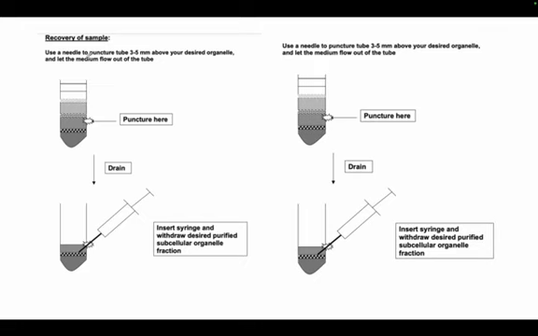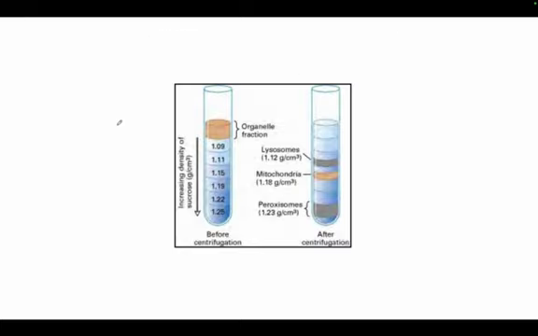So use a needle to puncture the tube 3 to 5 mm above your desired organelle. So puncture here and then just withdraw the purified subcellular organelle fraction. So we can just isolate the fraction that we want. We already know we don't need these two, we only want this. So we can isolate this with a needle.